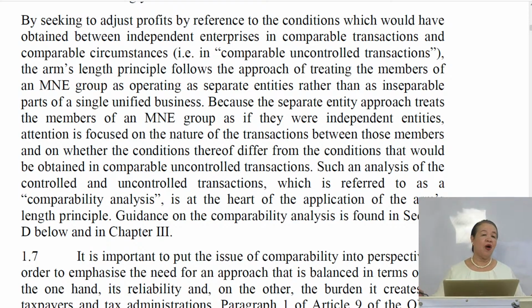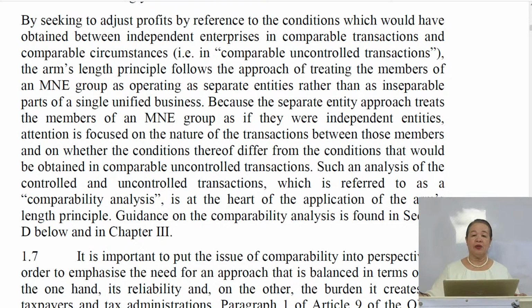So how can you compare that with independent transactions, which have a different operation from that of related parties? But only for tax purposes should they be treated as separate entities. Why? In order to pinpoint and give taxes to whom it is due.